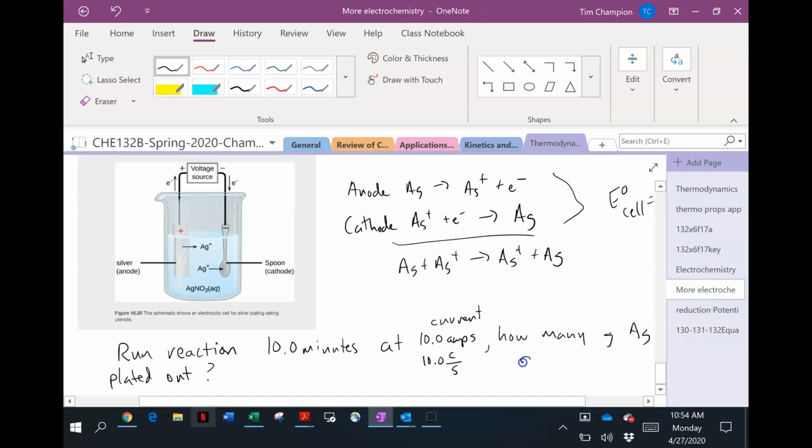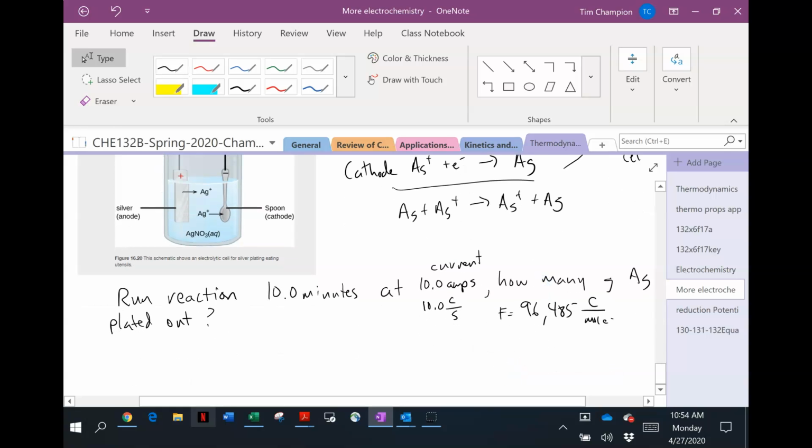So 96,485 coulombs per mole of electrons. That's the Faraday constant. And of course we can take 10 minutes and convert 10 minutes to seconds, right? 10 minutes times 60 seconds per minute. That will give us 600 seconds.